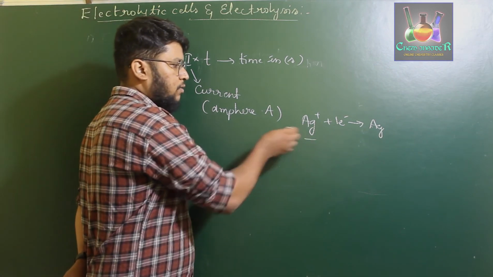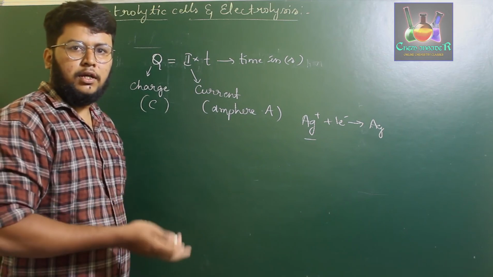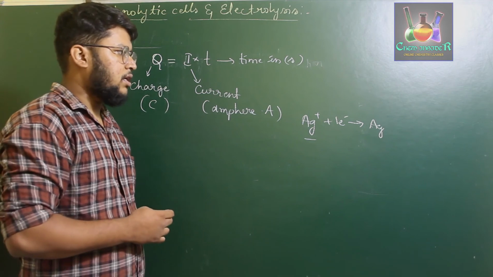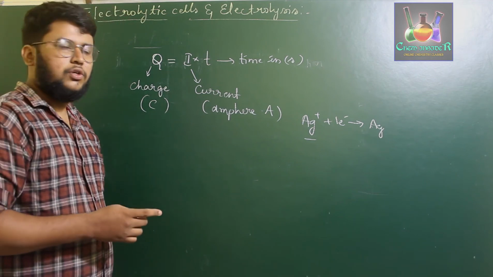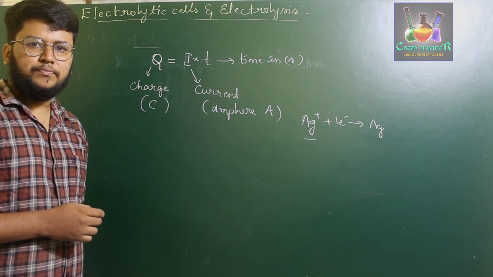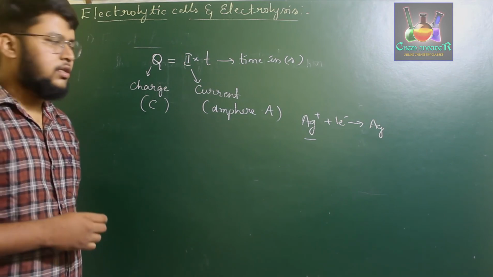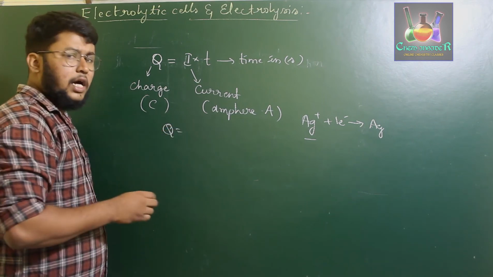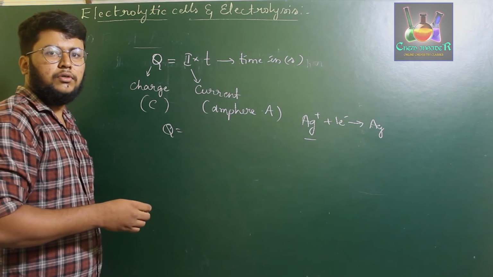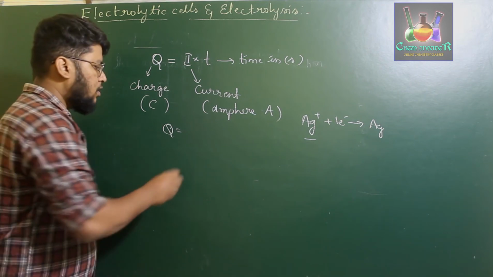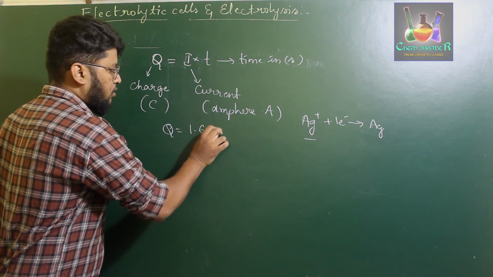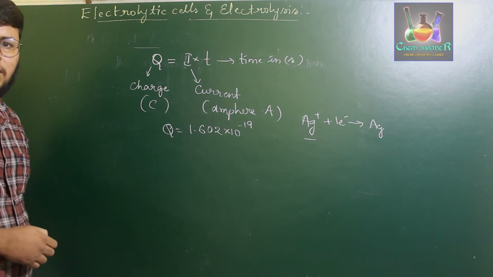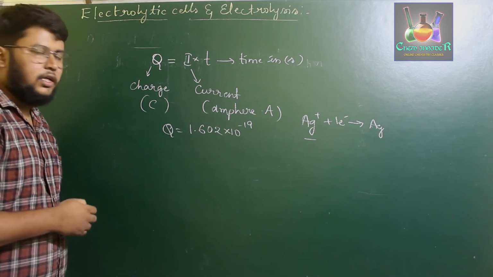For 1 mole of silver ion to get reduced, we need to supply 1 mole of electrons. Therefore, the total charge used can be calculated as Q is equal to the charge of 1 electron into the total number of electrons used. The charge of 1 electron is 1.602 into 10 power minus 19.